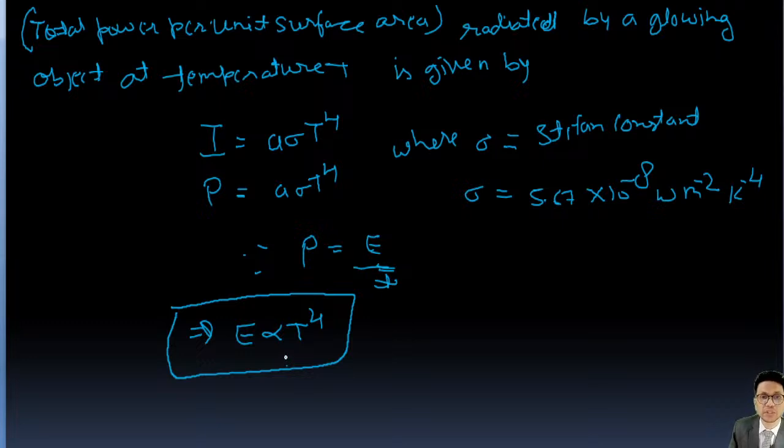There is also a question asked in CSIR NET using this formula. So this is Stefan's law, which was found experimentally during the explanation of black body radiation. Now, next page.